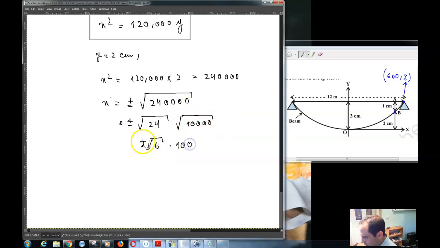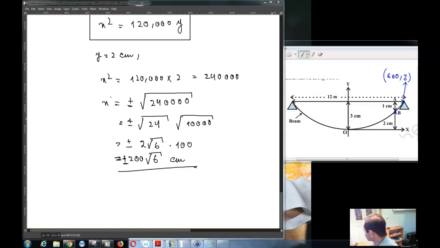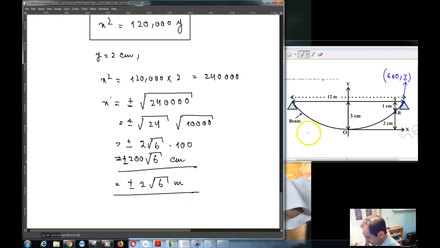So that's plus or minus 200 square root of 6, and this is in centimeters. If you divide this by 100, you get plus or minus 2 square root of 6 meters, which is the correct answer.